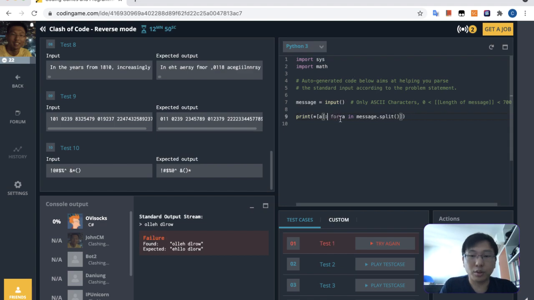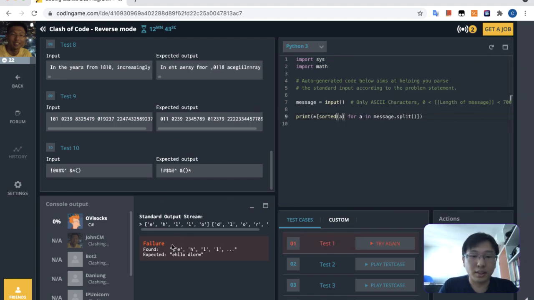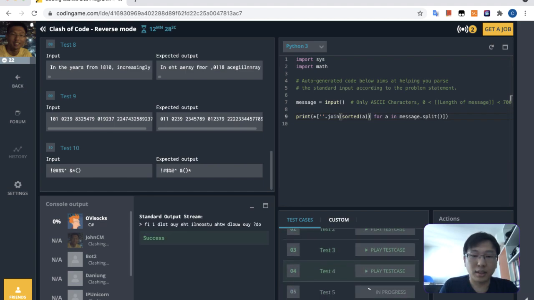But over here, what we want to do is a sorted. So sorted A is in the form of characters, which we want to then just combine. We'll combine like that, and that should do the trick.